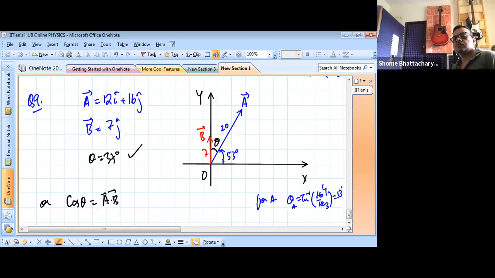That cos theta is equal to A dot B divided by AB. So what will A dot B come to here? 12 into 7, 84, and mod A will be root of 12 square plus 16 square, and mod B is 7.